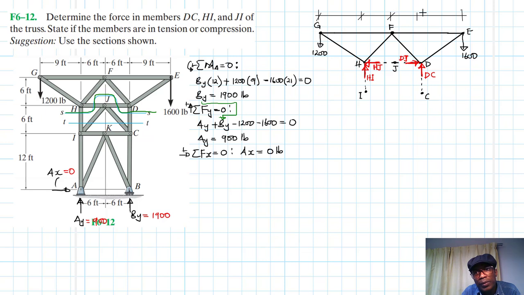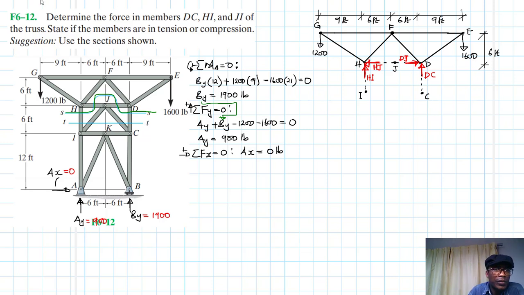Okay, as well as this length here from D to E up to there like so. Great. So let's label that. So this is 9 feet, and then this is 6 feet, this is 9 feet, and this is 6 feet.